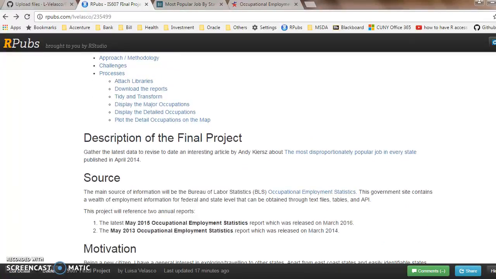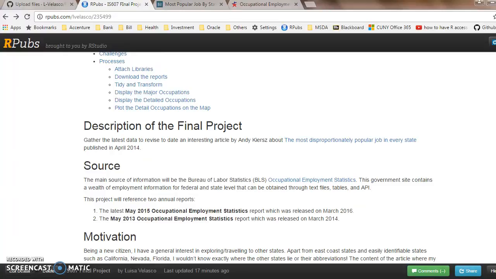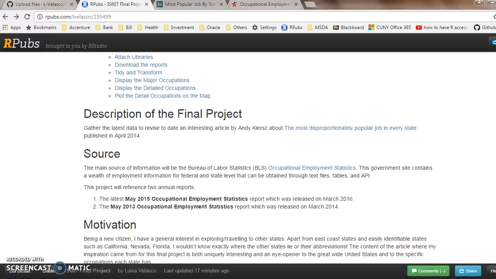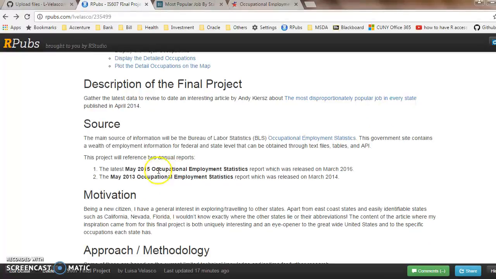The description of my final project is to provide the latest data, updating the infographic map that we have seen in the article. My source is the same. Additionally, I'm just going to get 2015, and I'm going to get 2013 for comparison.